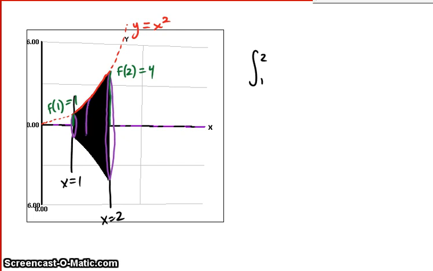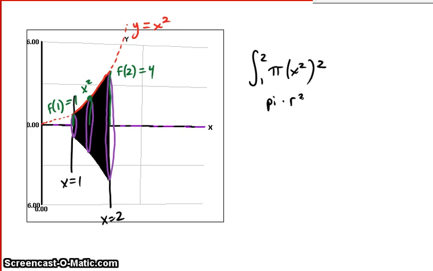Some random circle in the middle is going to have a radius of f of x, which is, of course, just x squared. So I'm going to erase this and just say the distance from the middle to that spot is x squared. The area of that random circle in the middle then is pi times the radius squared.